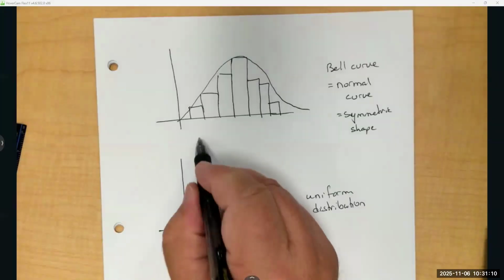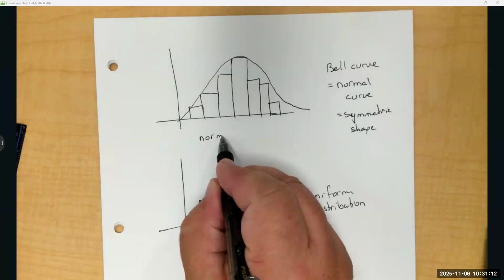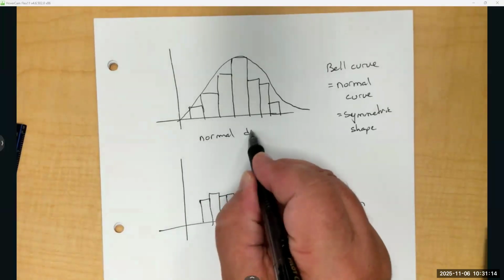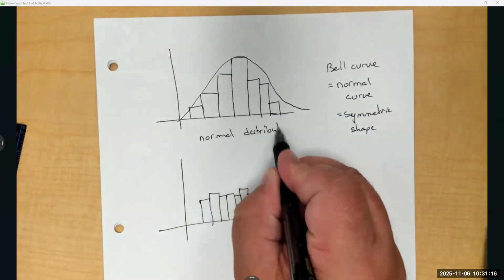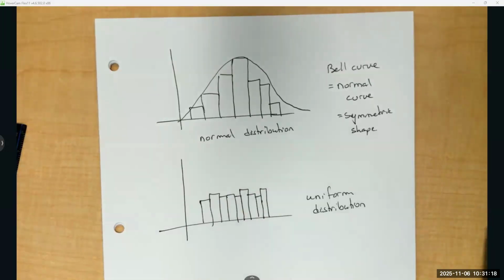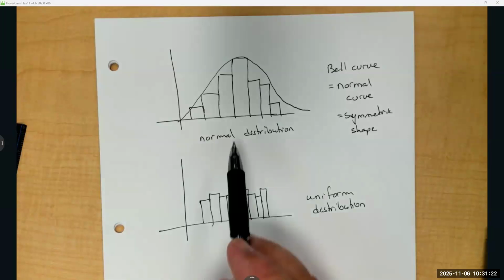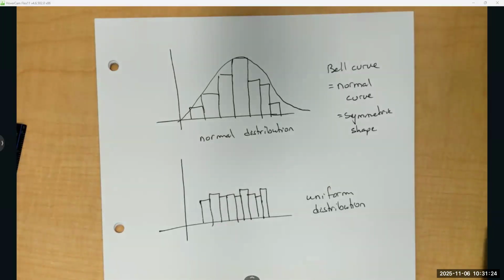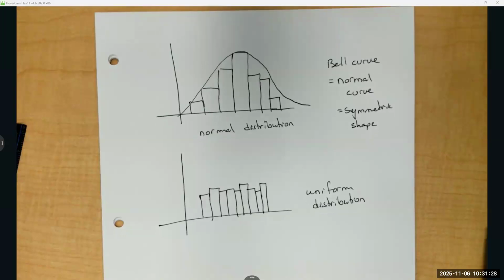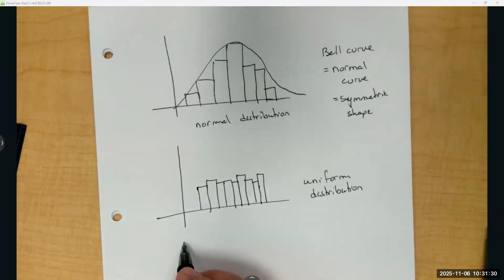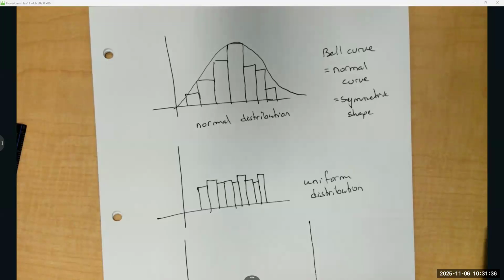We call this a uniform distribution. When we say distribution, we mean how the data is spread out. So this one is uniform because it follows a set pattern. The next two.